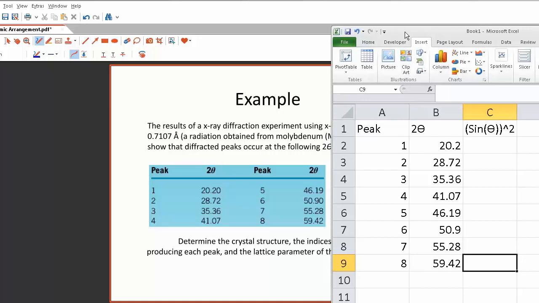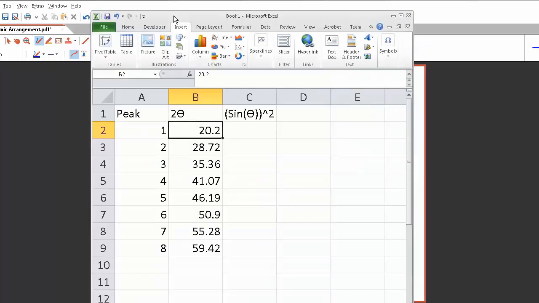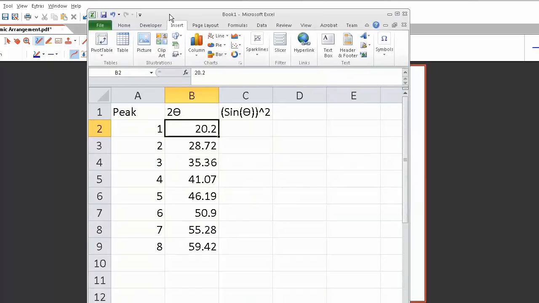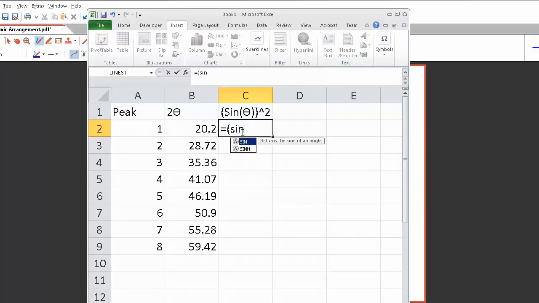So I've opened up an Excel spreadsheet and I've entered in the data in the problem. This is the peak number, and I've entered in the 2 theta value given in the problem. So our first step is to calculate sine theta squared. I'm going to put in the equation sine.